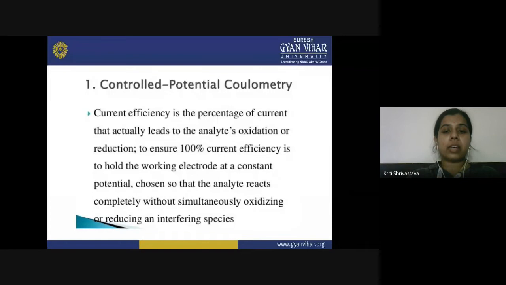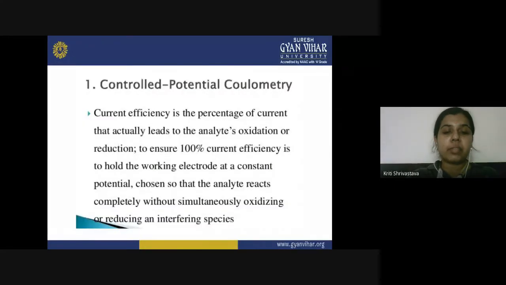So to ensure the 100% current efficiency, holding the working electrode at a constant potential is required, chosen so that the analyte reacts completely without simultaneously oxidizing or reducing an interfering species. It is possible that in your sample, apart from your analyte, some other impurities may be there.